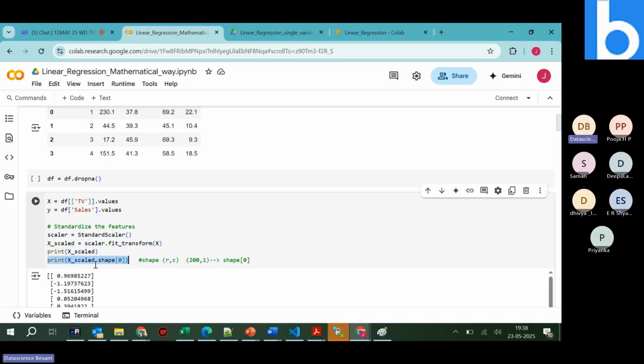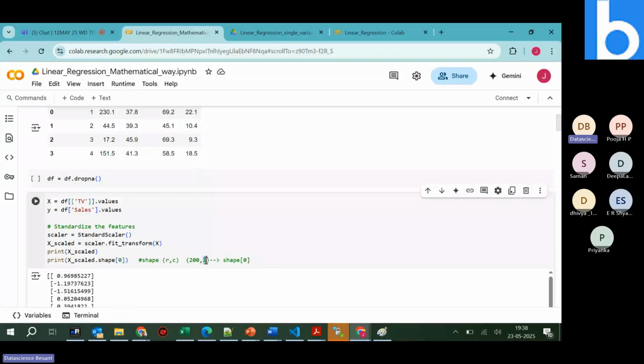Shape will give you the rows and columns, which I also mentioned here. It gives the number of rows and columns of x_scaled. If you check, there are 200 rows and 1 column in x_scaled.